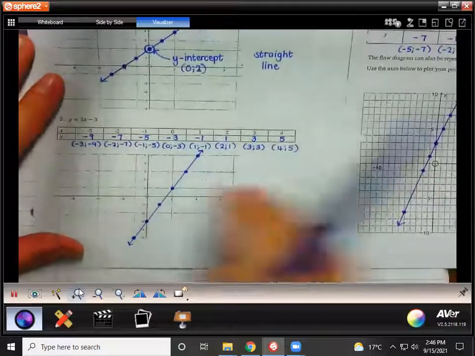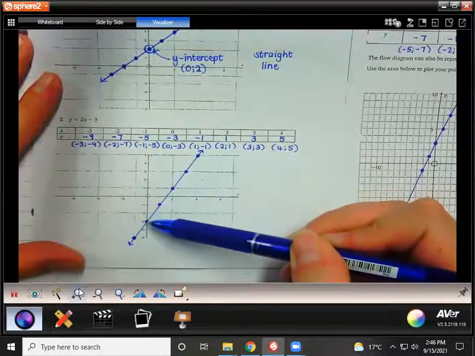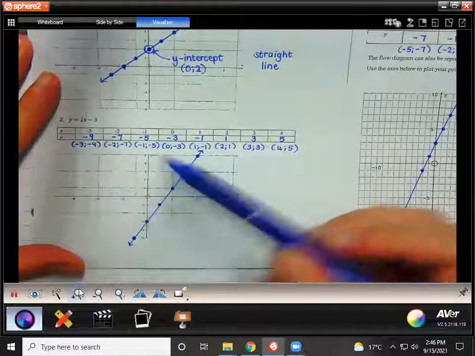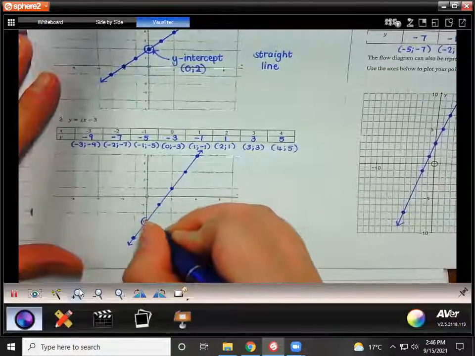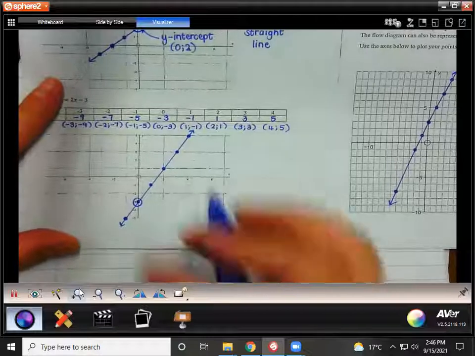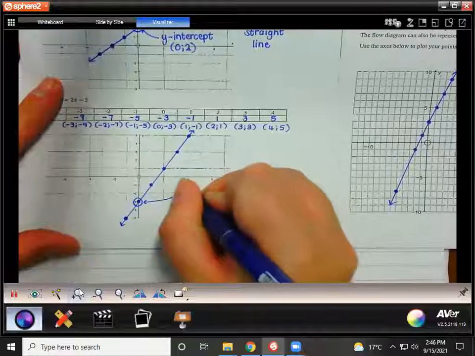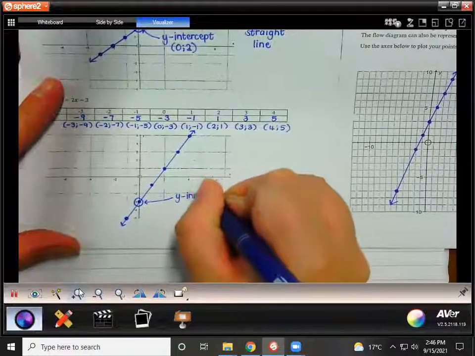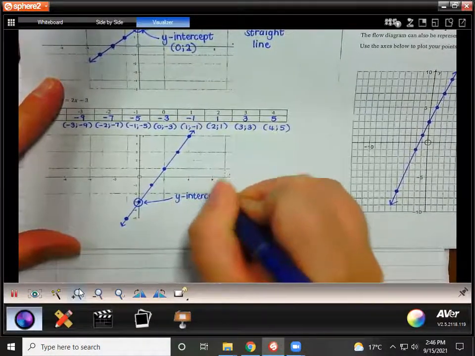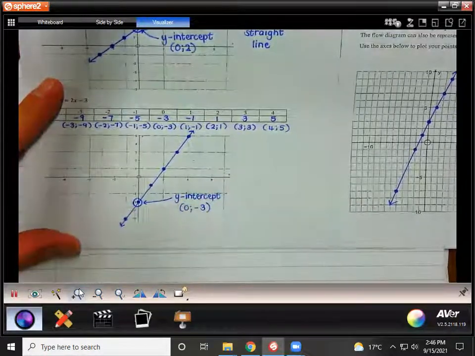Let's find our y-intercept over here. Remember, the y-intercept is the point where the graph cuts the y-axis. Let's circle that point, please, guys. Do you see that it's at -3? So the y-intercept is 0, -3.